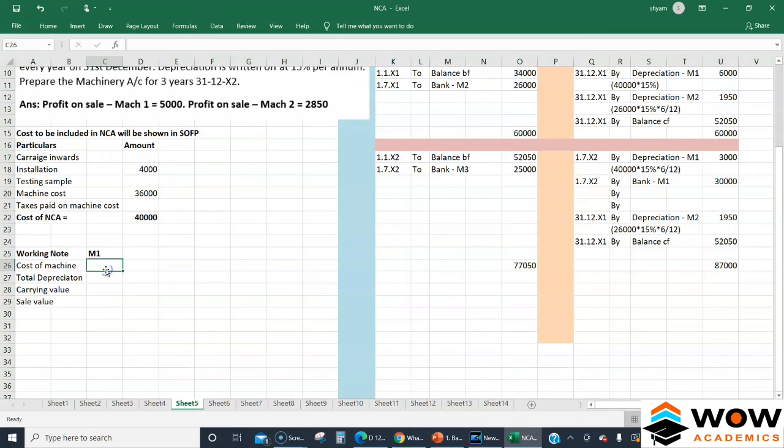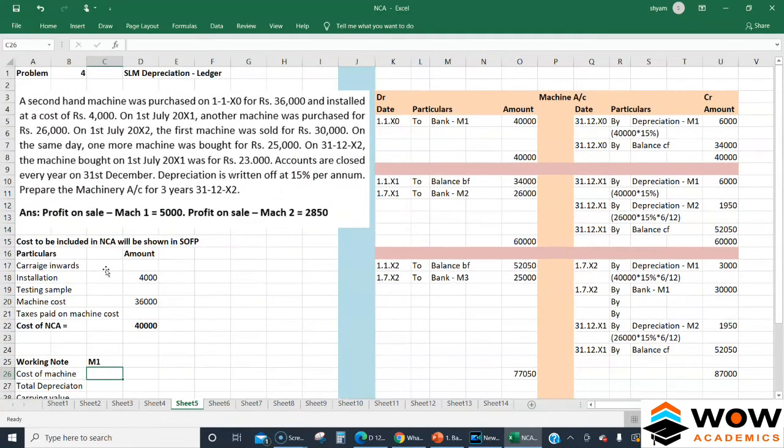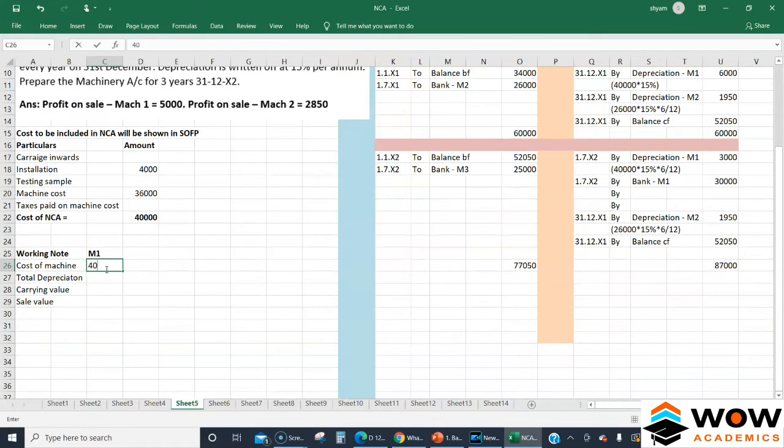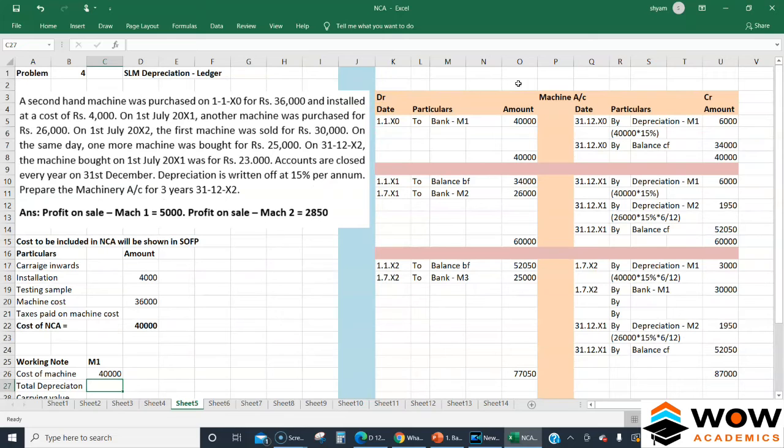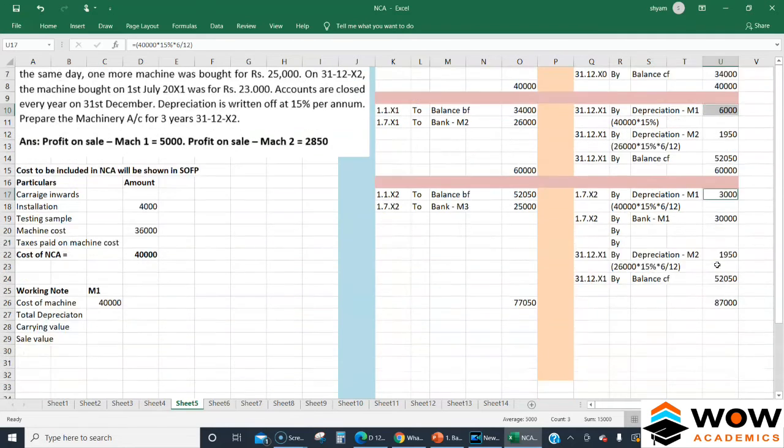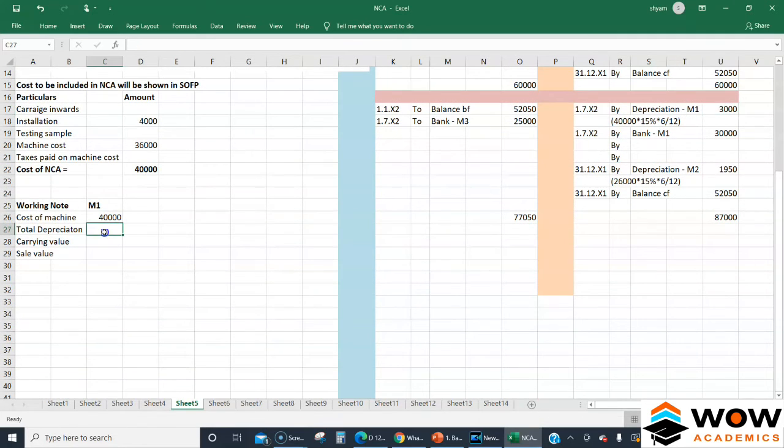So the M1 machine was bought at 40,000, right? What's the total depreciation? That's why we mark this as M1 depreciation. We have 6,000, another 6,000, and another 3,000. So the total depreciation comes to 15,000.